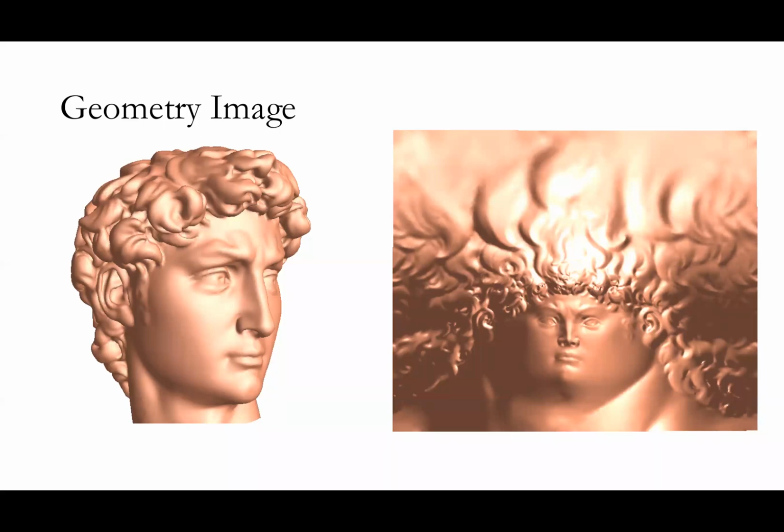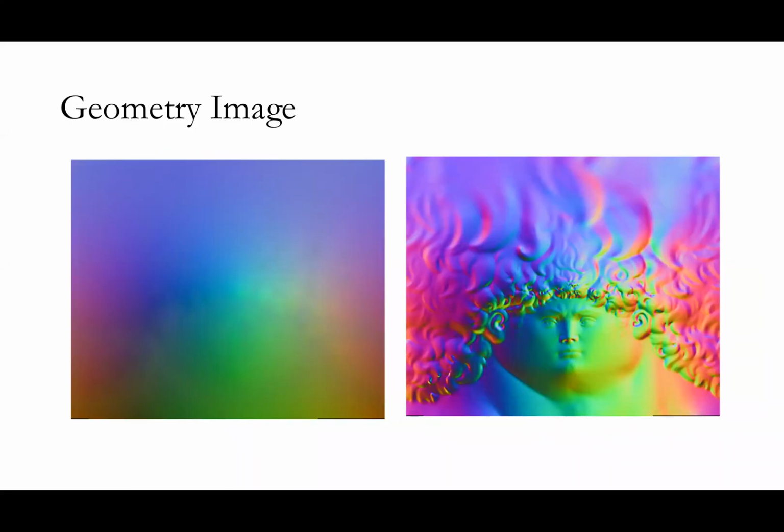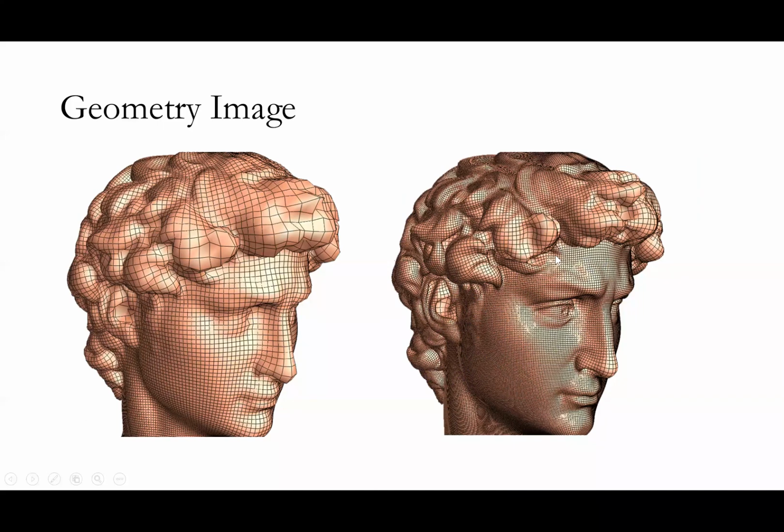There's another very promising method, which is called geometry image. Just now we flattened the surface to the 2D rectangle. Then we can sample on the rectangle and use a regular grid to represent the 3D geometry, like the one shown here. On the left-hand side, each pixel represents one vertex, and the RGB color represents the XYZ position of the vertex. Then we convert the mesh to this very regular quad mesh.